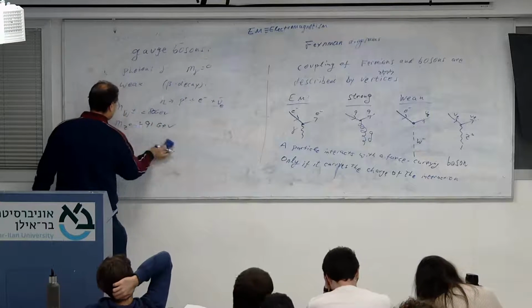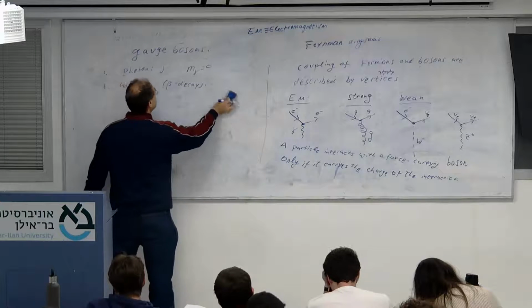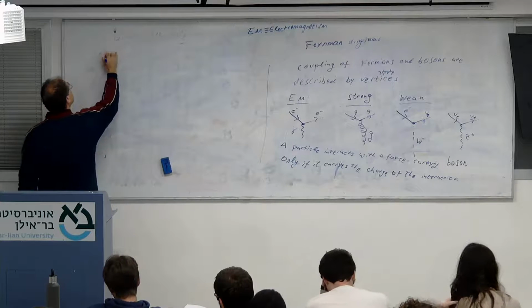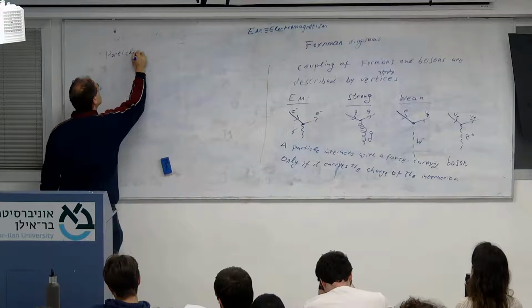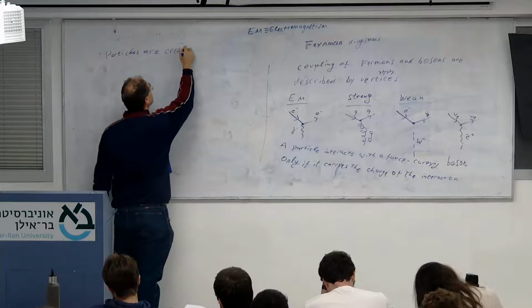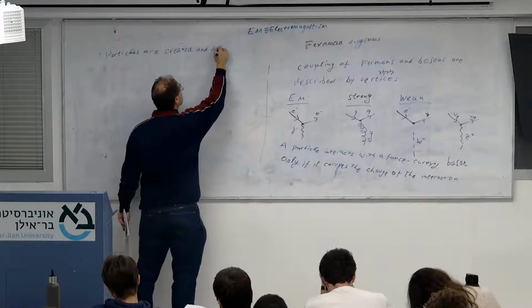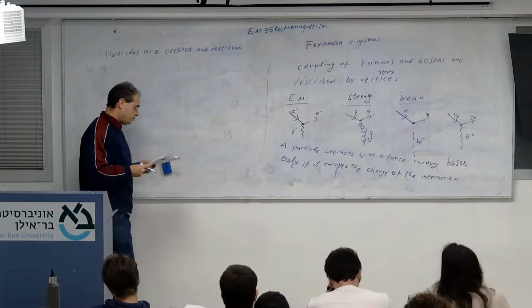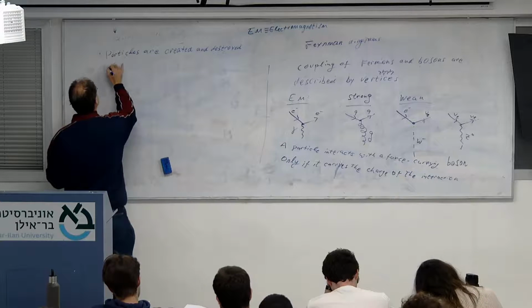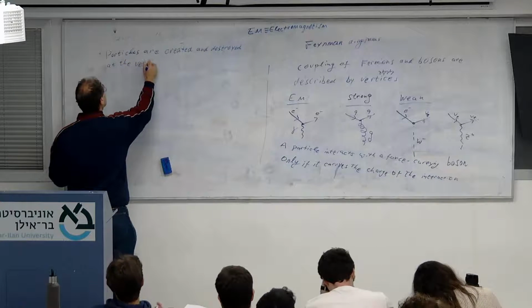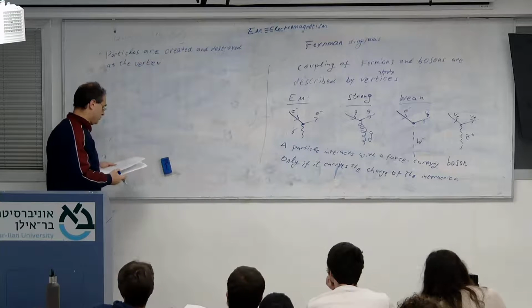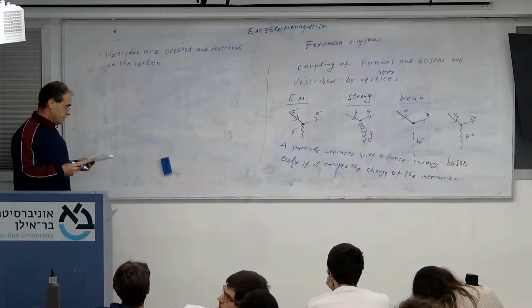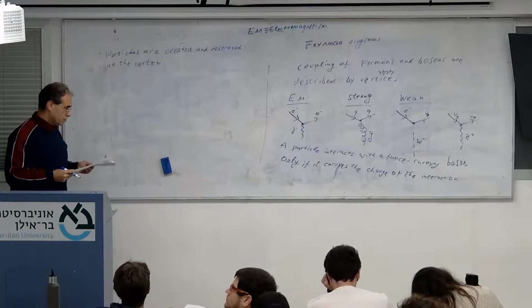Particles are created and destroyed at the vertex. The four-momentum is conserved.